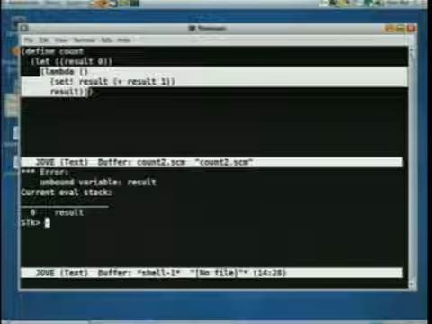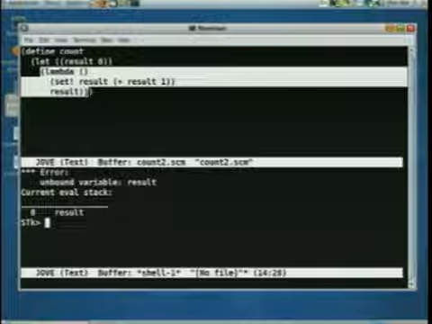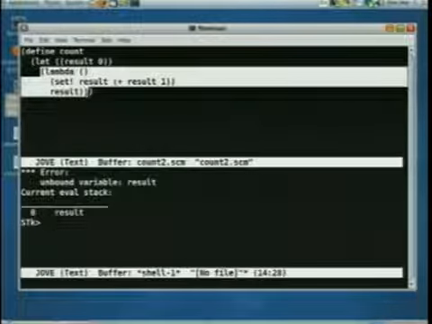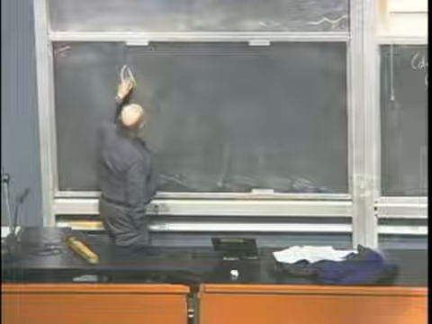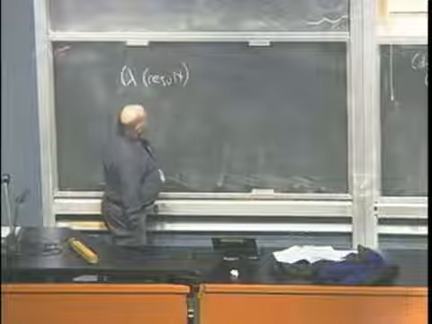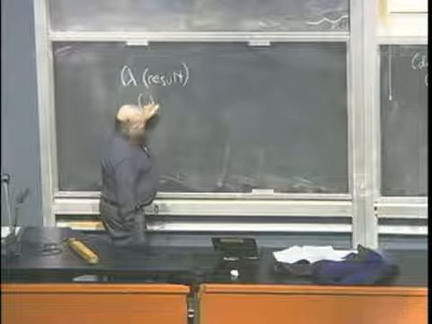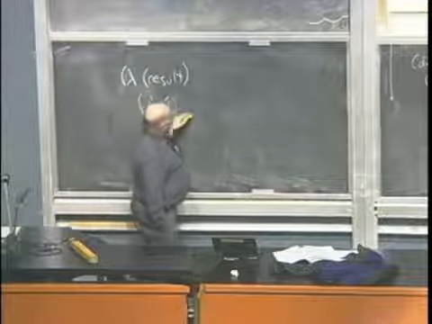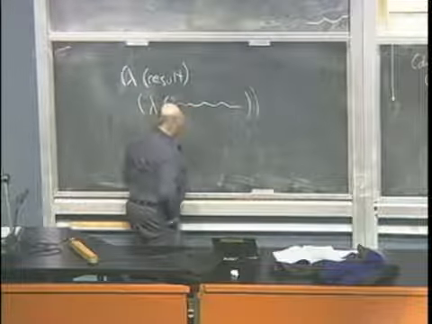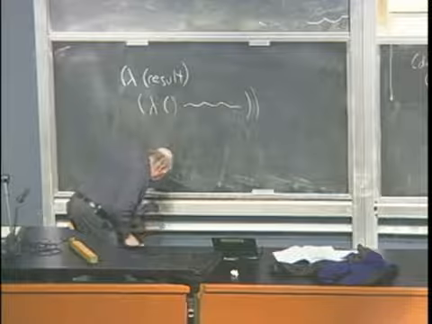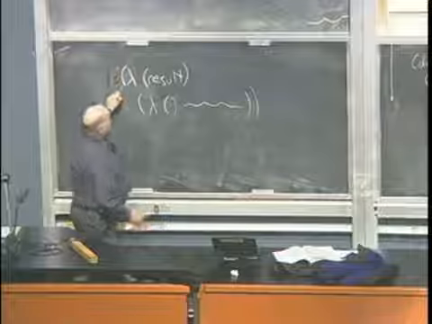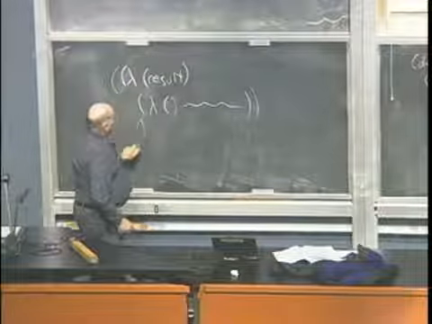So this thing that's up on the screen is equivalent to lambda of result, and then lambda of nothing, set bang, blah, blah, blah. And call that with a 0 as its argument.